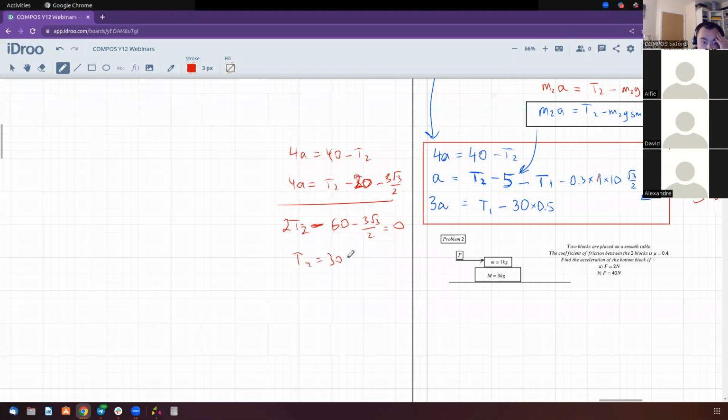T2 is equal to 30 plus 3 square root of 3 over 4. So we found T2. Then in a similar way, you find T1 and you find a.